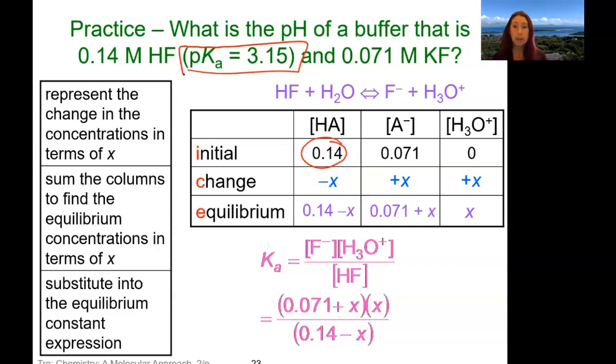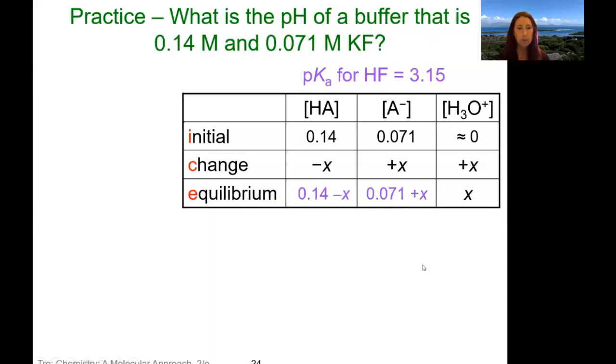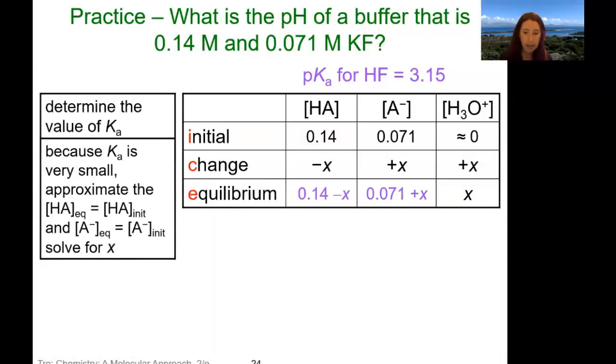We have a pKa. So this is our first stopping point here. We're good with this ice table because we've made so many of those. We know how to plug those in, but we need this number, right? That's what we need to figure out.